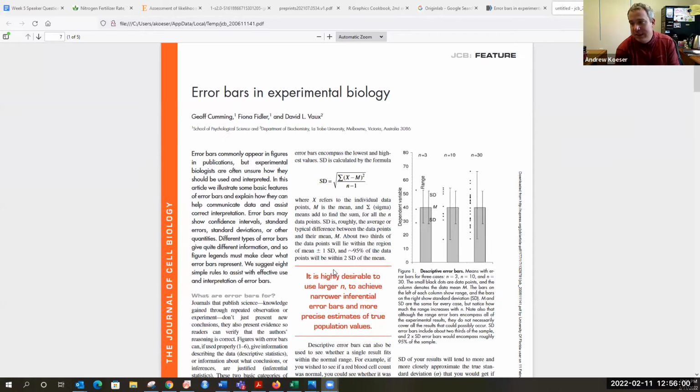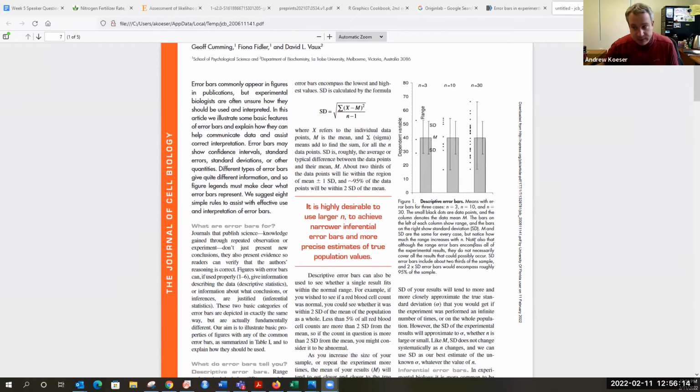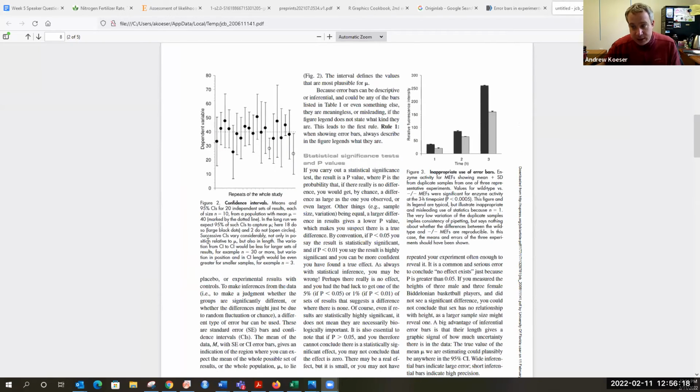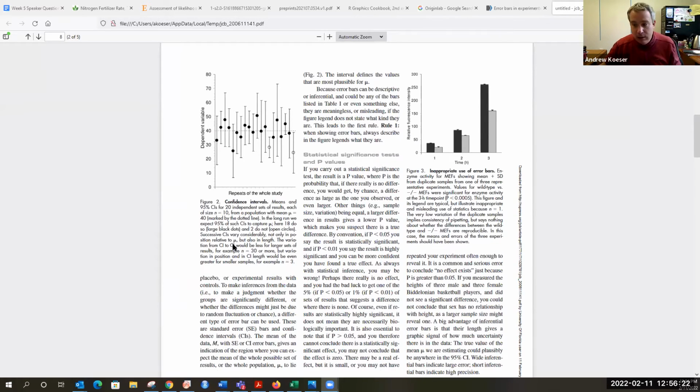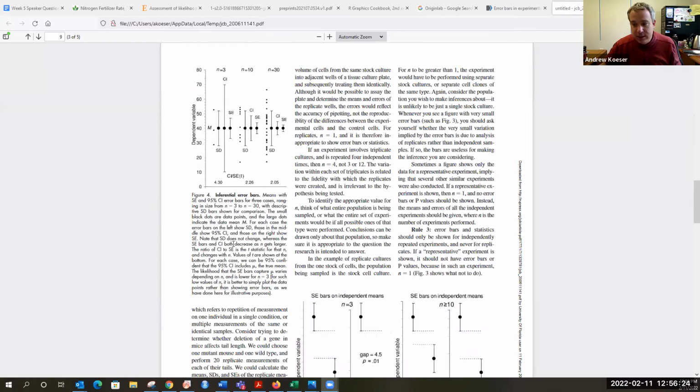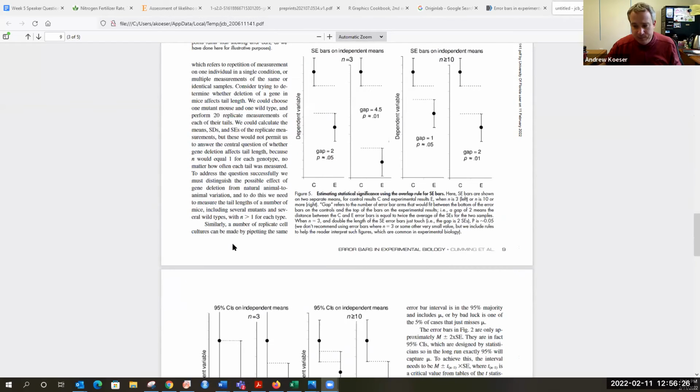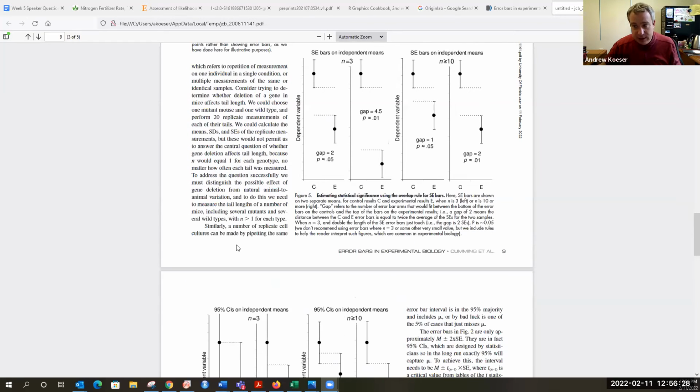There's a nice short article called Error Bars in Experimental Biology, showing how standard error bars, confidence error bars, and standard deviation bars behave with different sample sizes. The interpretation for a standard error bar really changes with sample size.